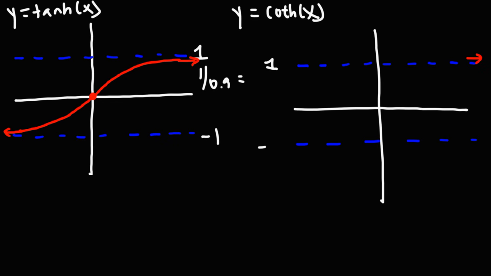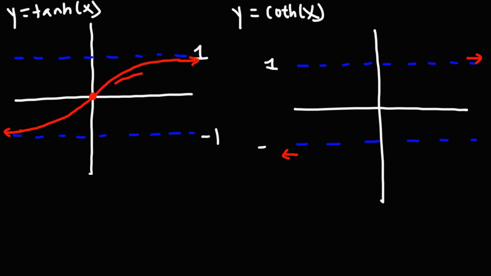If you were to plug that in your calculator, I don't have one with me right now, it's going to be a number close to 1 but bigger than 1. And the same is true over here. Here it might be like negative 0.9. 1 over negative 0.9 might be like negative 1.1 or something. So what we need to know is that for hyperbolic cotangent, it's going to approach the asymptote, but rather than from within the two asymptotes, it's going to be outside of it.